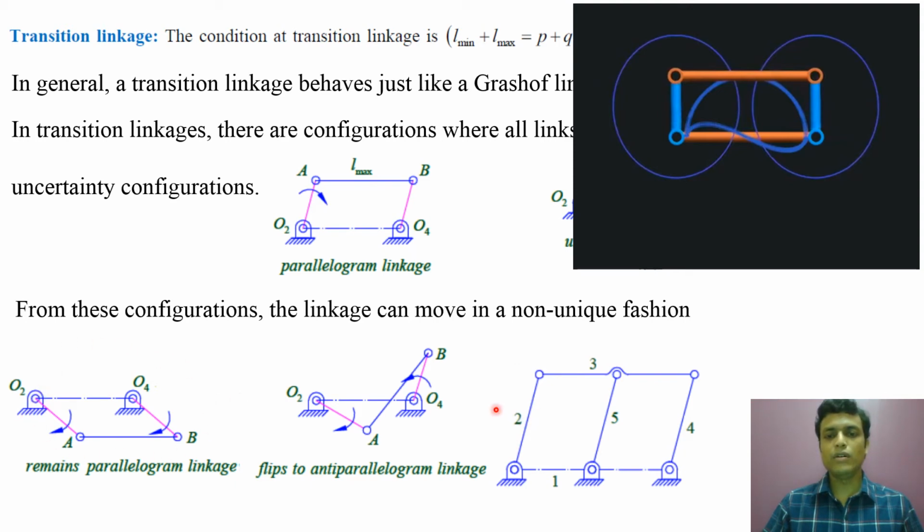It will always maintain the parallelogram. And in the degrees of freedom class, that was lecture number 2, we have studied that link number 5 becomes redundant. So this is the reason behind that. That's why this link number 5 is added here, to keep the mechanism in parallelogram configuration.